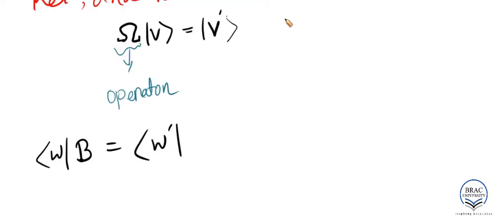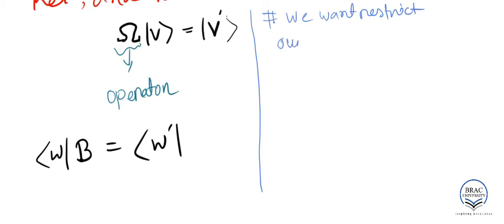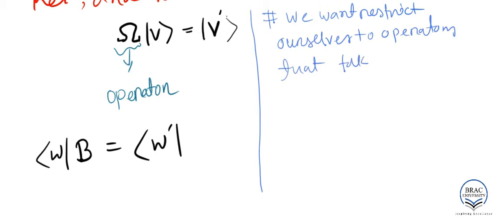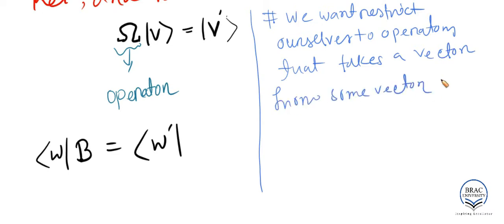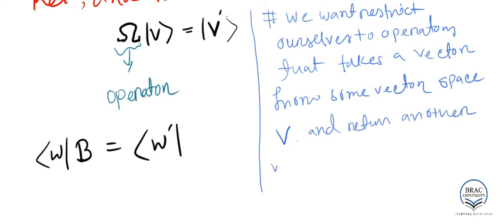That is, let me write a partition over here. We want to restrict ourselves to operators that take a vector from some vector space v, let's say, and return another vector in the same space.